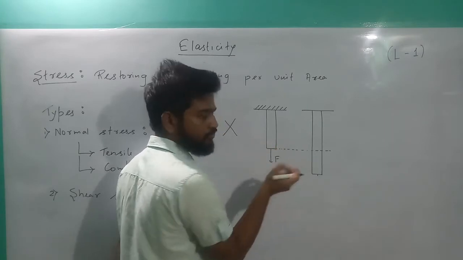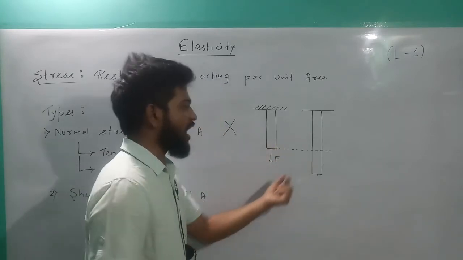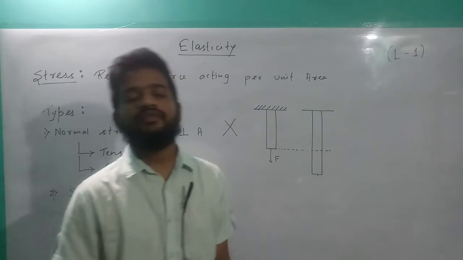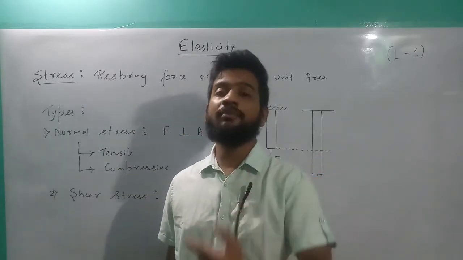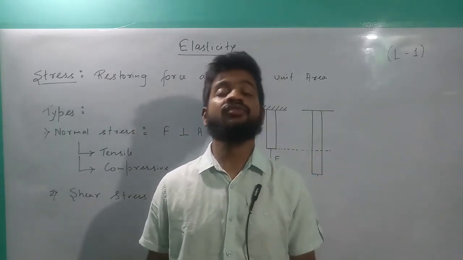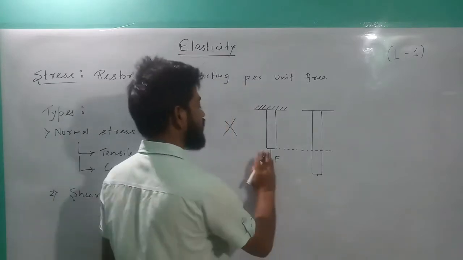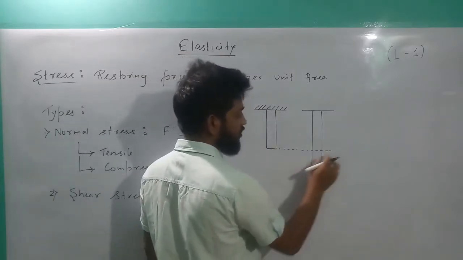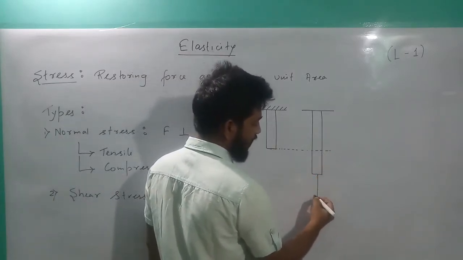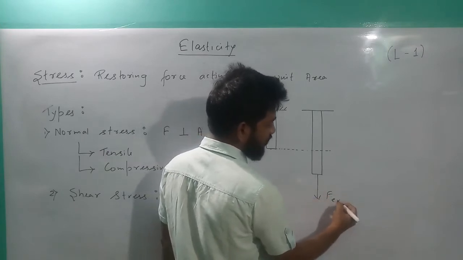Obviously, if I pull it in the downward direction, it will come down and stretch. Why will it stretch? Because this downward force is a deforming force, and it is trying to increase the length. Hence, its length will increase by this much amount. So I have applied a downward force called F external.